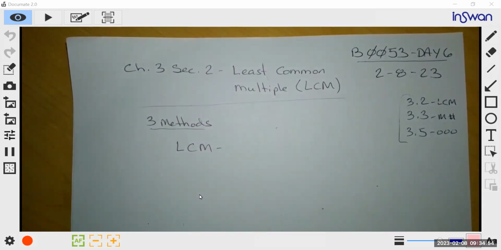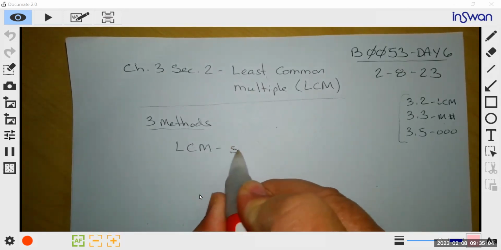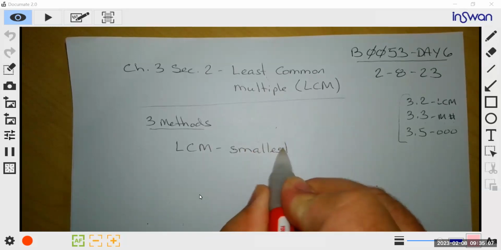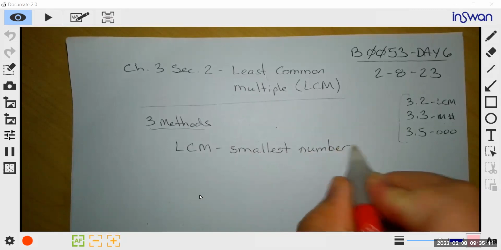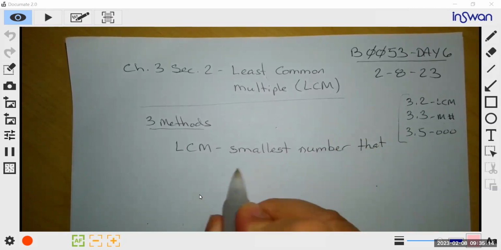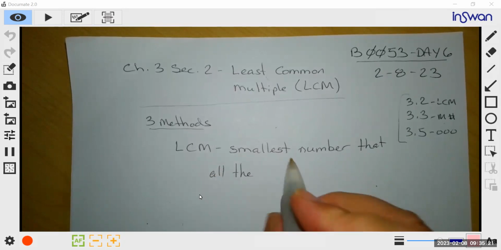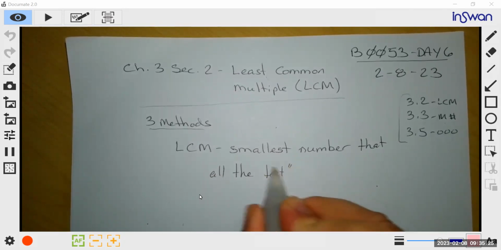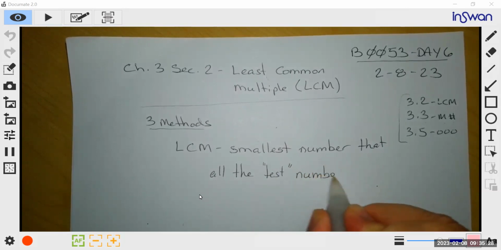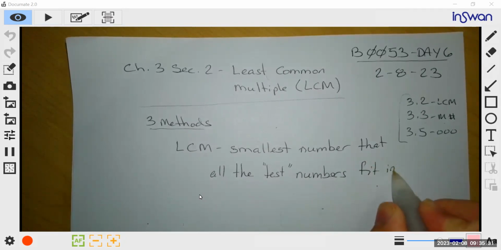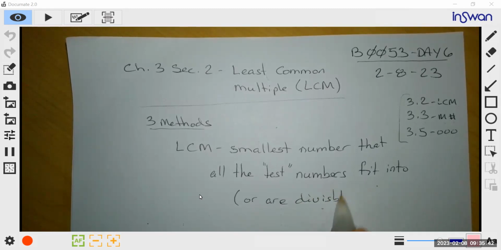What is a least common multiple? It's the smallest number that all of the, I'm going to use the word test numbers, fit into, or divisible of.